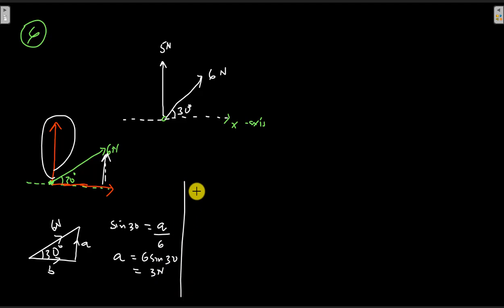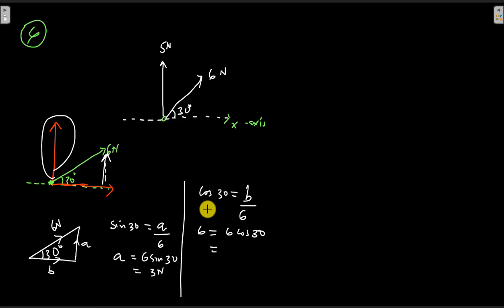You could use the same technique to find b. Let's say cosine of 30, that's going to be the adjacent, which is b, divided by the hypotenuse, which is 6 newtons. So b is actually 6 cos 30.